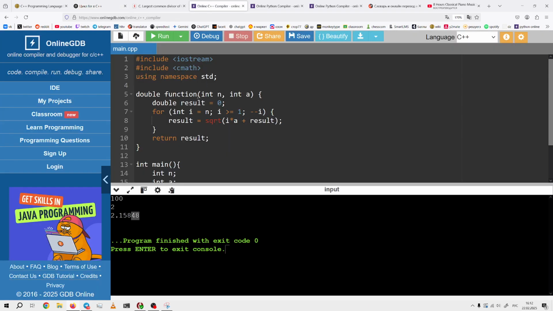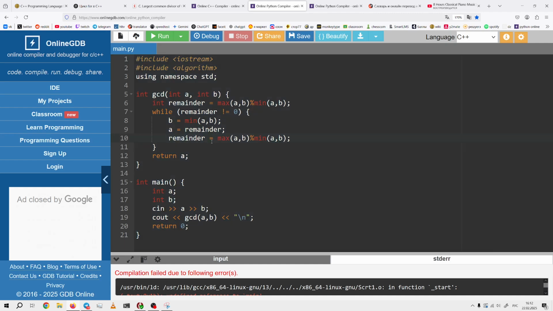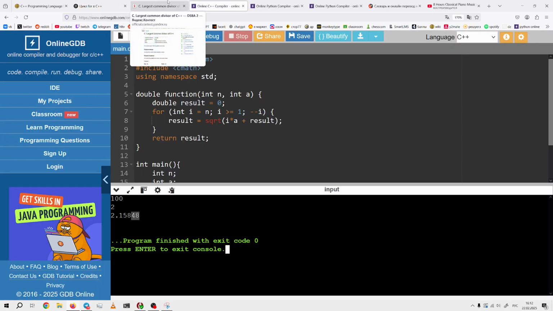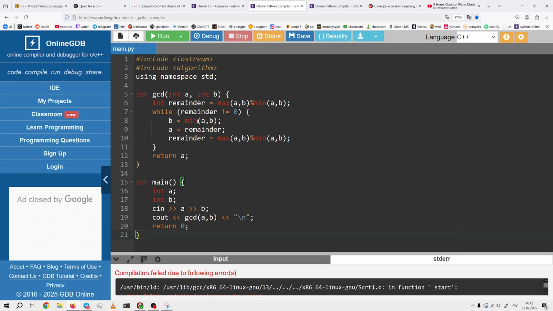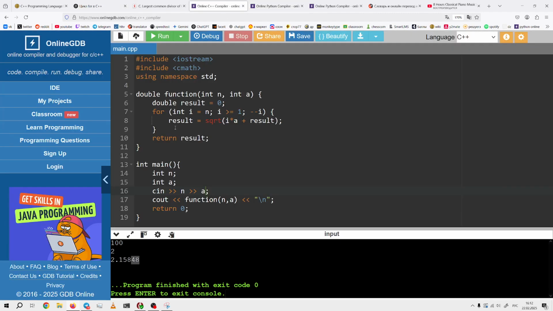Include algorithm. Wait, A is equal and B is the remainder.